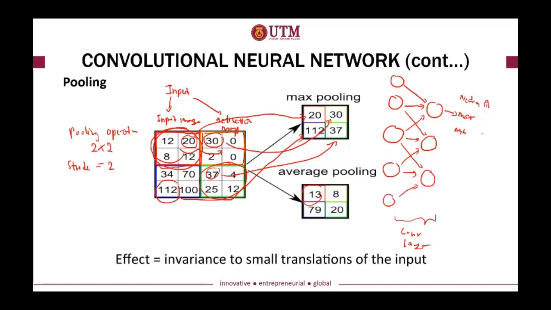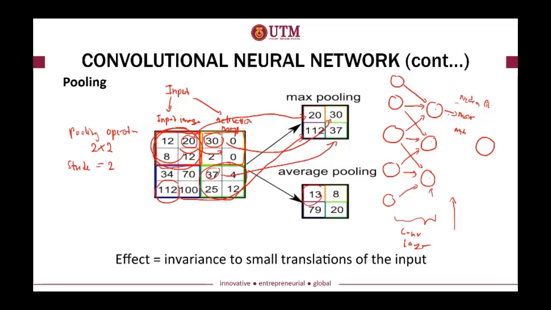Okay, so let's say you want to apply subsampling here at this stage. So let's say this neuron represents the output after applying maximum pooling. Let's say among these 3 outputs, the maximum value is this one.